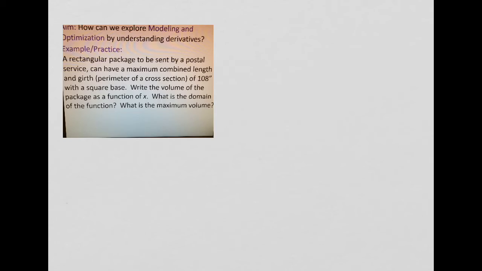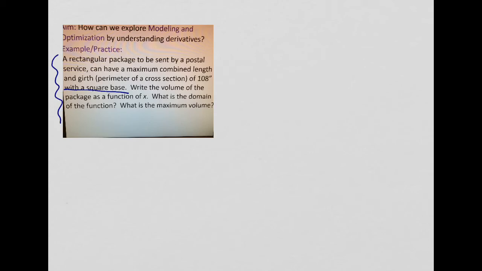It can have a maximum combined length and girth, and that is the perimeter of a cross-section, of 108 inches with a square base. This was actually added into the problem. Where I got this from, it didn't say it had a square base, and that is necessary to actually do this problem.